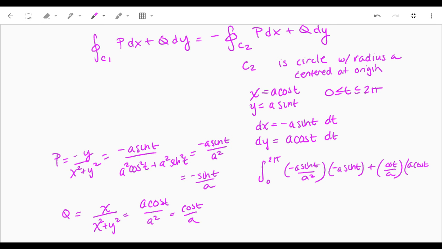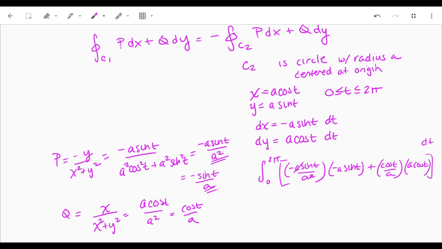Oh, did I lose an a? I put in an extra a there where I didn't need it. I was looking at this one instead of this one, so I had too many a's in there. Then cosine t over a times a cosine t, and then dt.